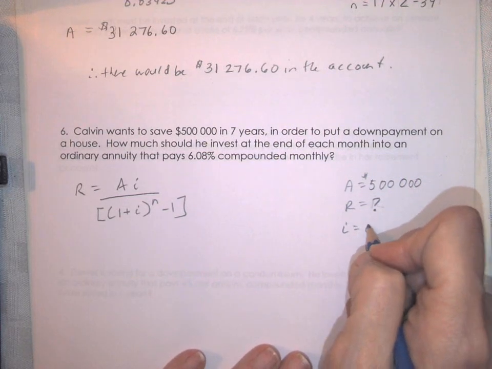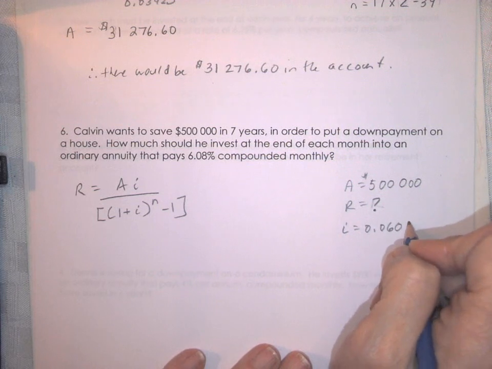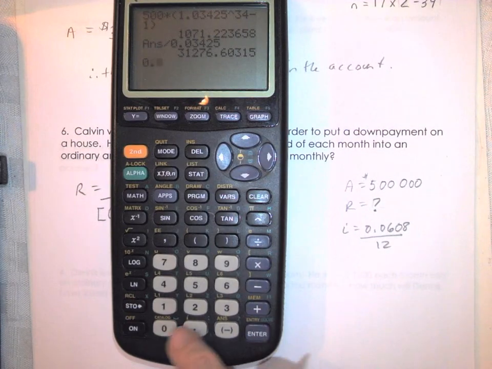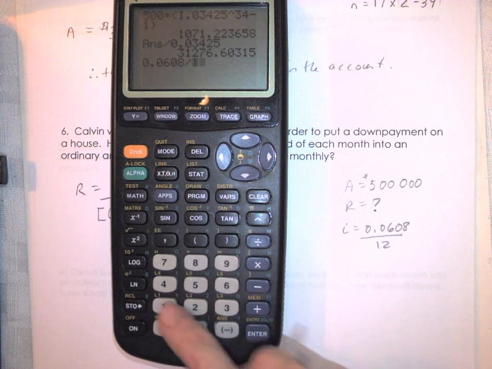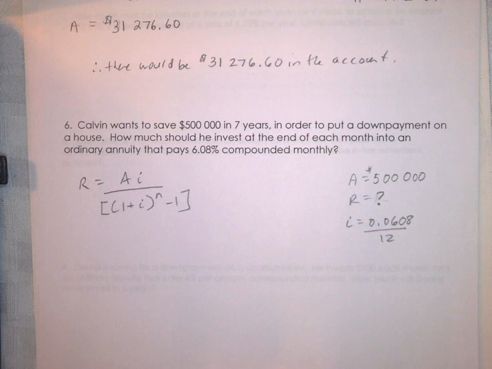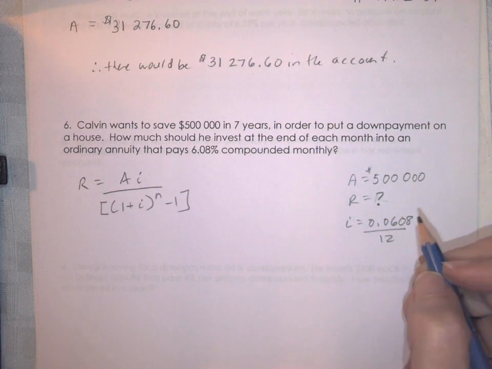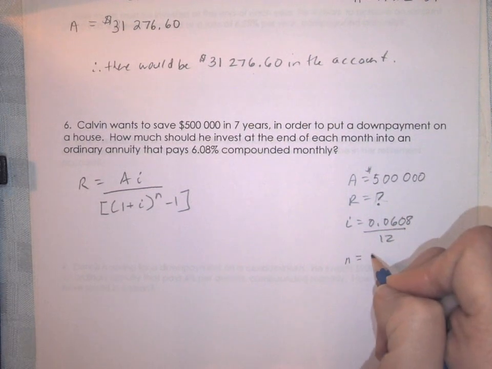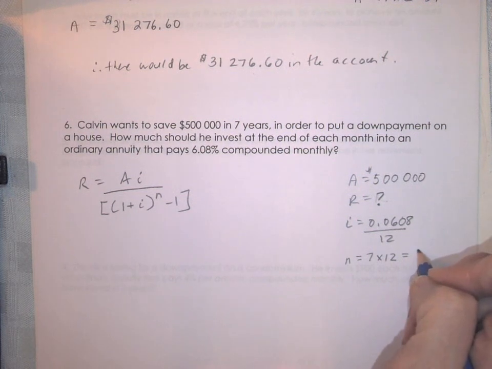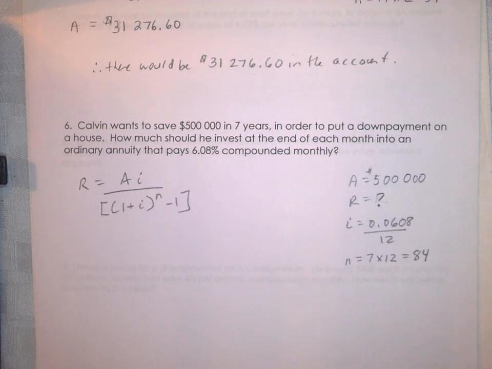I is 0.0608 divided by 12. Which is not a nice number, so we're just going to leave it and let the calculator do all the rounding for us at the end. N is going to be 7 times 12, which is 84.